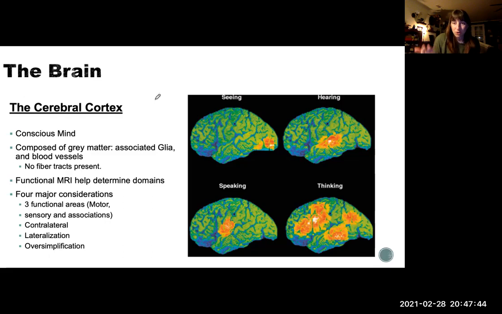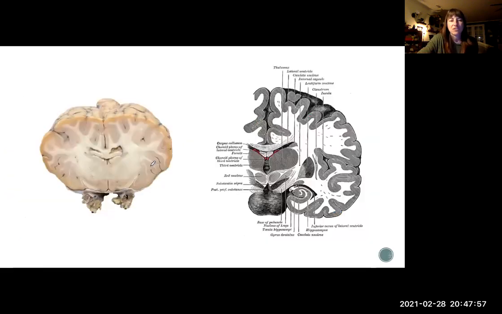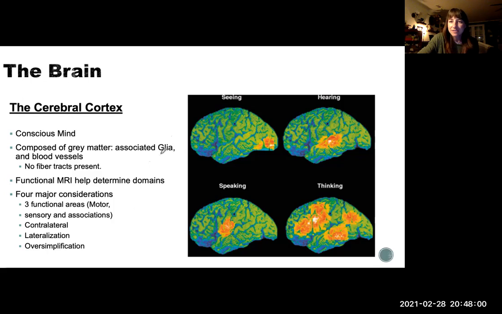So that's the cerebral cortex, which is kind of amazing to think about. So there are no fiber tracts or axons in the cerebral cortex. It's all just the interneurons and the cell bodies and the dendrites, which is kind of trippy. Of course, the associated glial cells and blood vessels are in there as well.